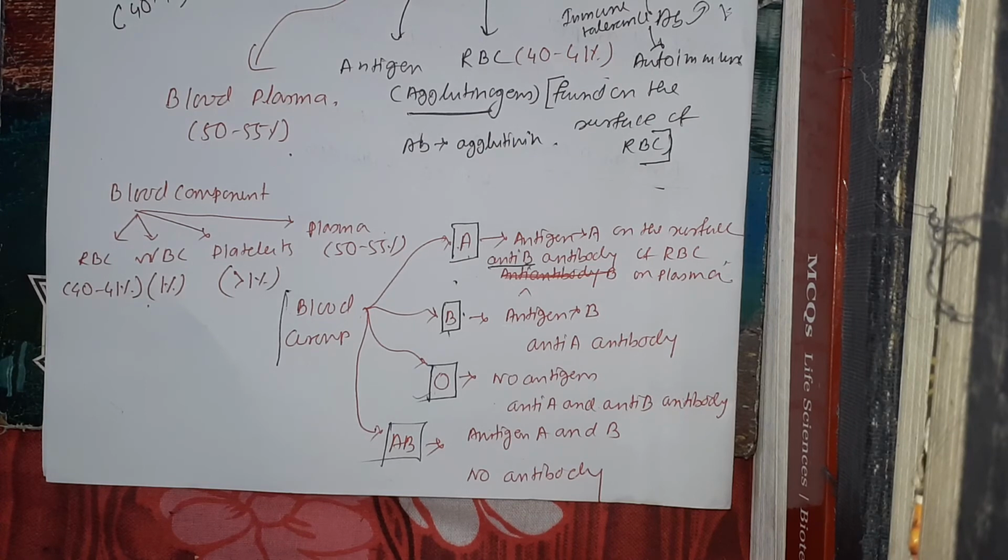And blood group can be divided into 4 types on the basis of the type of antigen present on the surface of RBC: blood group A, blood group B, blood group AB, and blood group O. The ABO blood group system was discovered by Karl Landsteiner at the beginning of the 20th century by examining the agglutination pattern of some individuals' RBC and some individuals' serum, right? And it is a type of agglutination reaction. So that is all about blood group, and it is our introductory portion. We will talk in much more detail about ABO blood group in our upcoming videos.